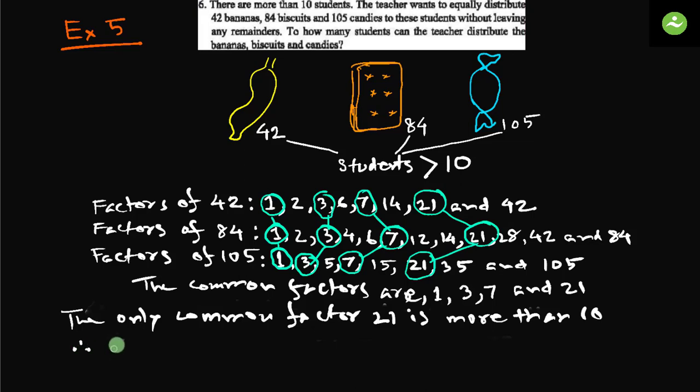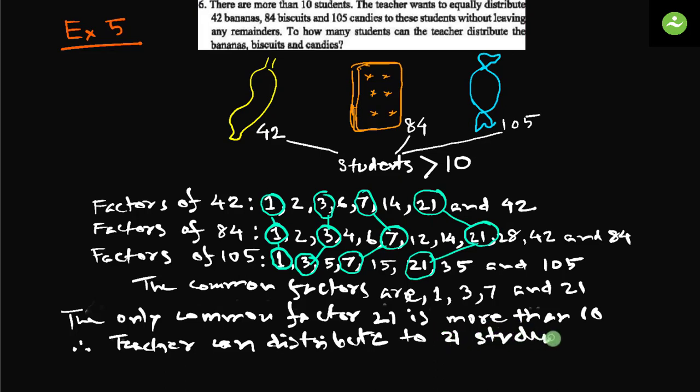Therefore, the teacher can distribute to 21 students. Answer is 21 students.